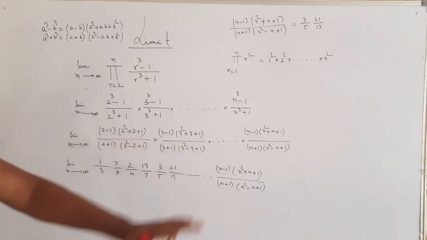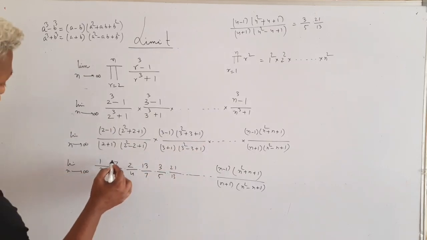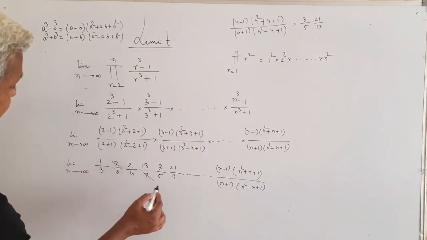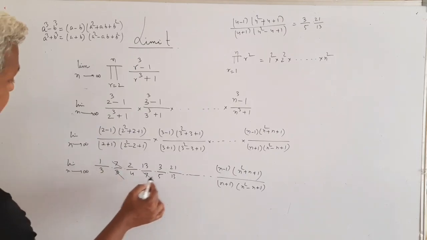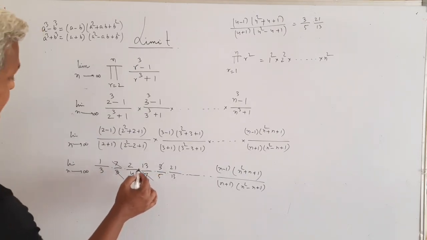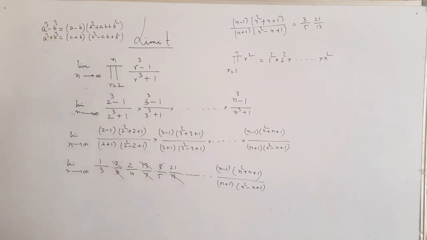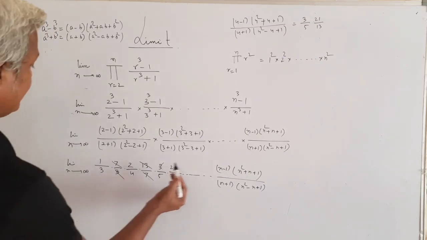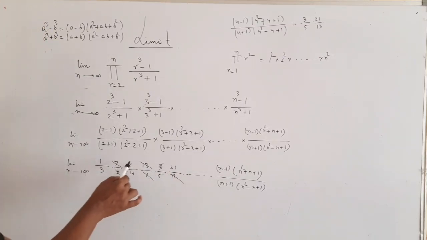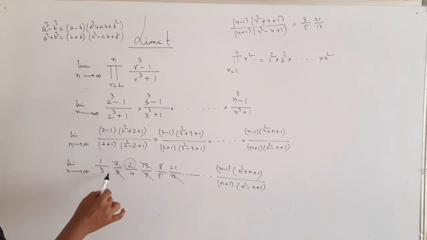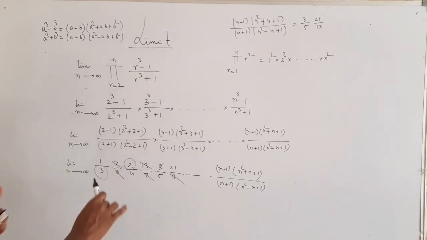So we'll get a pattern something like this. This 7 gets cancelled with this 7, this 3 with this 3, and this 13 with this 13. Similarly we can find another 4, but you'll never find any matching term for these two. So from this everything will be cancelled.